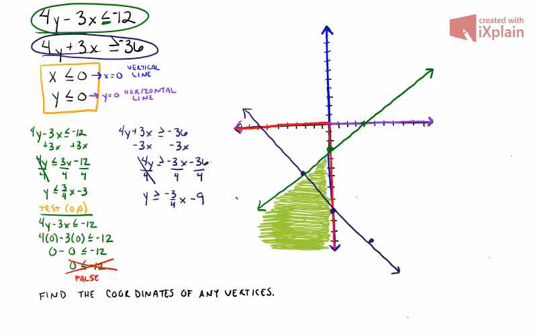Now we need to decide which side to shade for this navy blue line. Okay, so again, what we're going to note is that the origin is free to use. It is not touching your navy blue line at all. So I'm going to test with it.